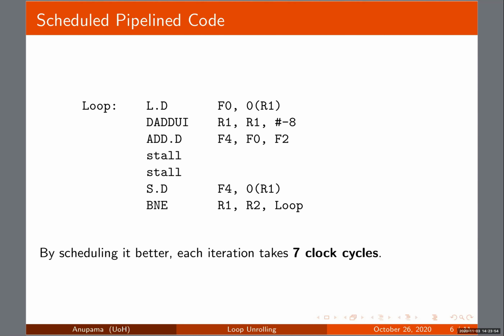But after that, you have 2 stalls, and then after store, you are basically again doing the branch. So by doing a simple move of DADDUI and adjusting the address of the store, we are able to reduce the number of stalls.